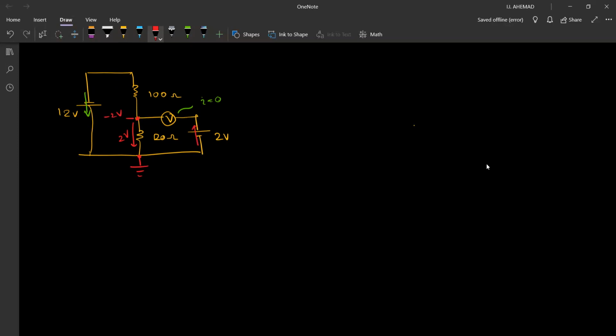So here it's 0 and here it's 2 volt. So what is the difference? The difference in the potential is 4 volt. Therefore, the voltmeter reading is 4 volt. Amna got it, and Shahama, have you got this answer?